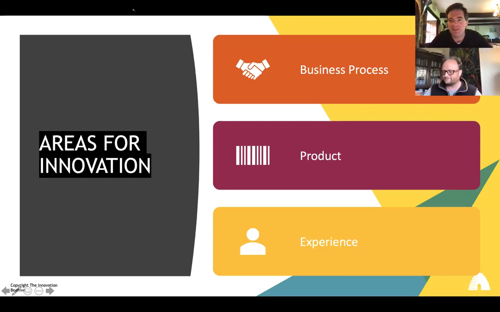And actually, these three areas, these business processes, product, and experience, they're really about already beginning to expand the horizons of what innovation could look like. So, you know, when I first entered the world of innovation, I came from a completely different background. I came from a fundraising background, a major gift fundraising background. So I came into innovation as a project manager and worked my way through the experience ranks, as it were, because we don't have a formal hierarchy at the Innovation Beehive.